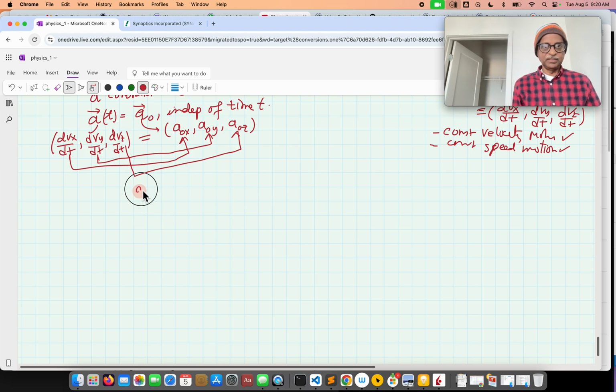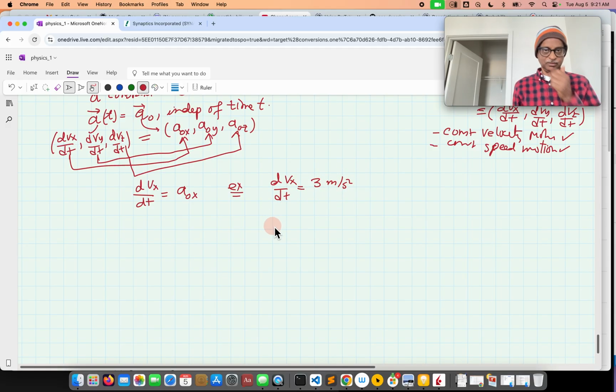Okay, so let's solve one of them. The derivative of this equals a constant, we're calling this value. An example would be: I have dvx dt equal to 3 meters per second squared. So how would we solve this? Well, you just bring this to the other side, and so dvx will be 3 dt, ignoring the units.